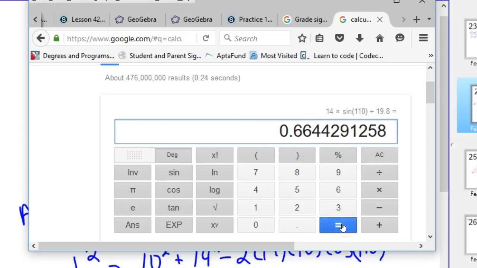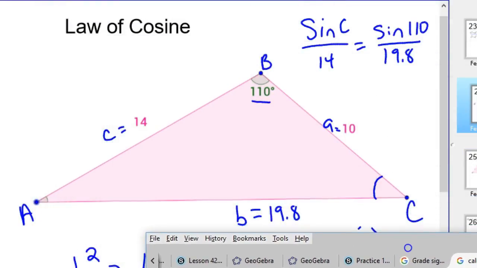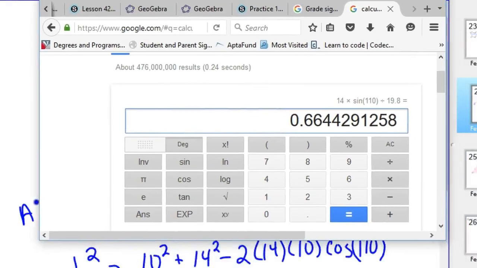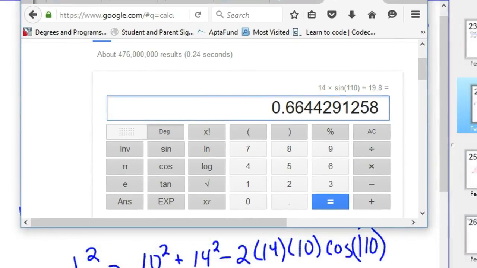And you get 0.664429. Well, if you remember, we're trying to find an angle C in fact. And so to find the angle, you always have to do the inverse sine of that. So we'll hit inverse sine, which brings up arc sine of our answer, 0.664429. Close our parentheses, hit equals, and it's 41.6 degrees.